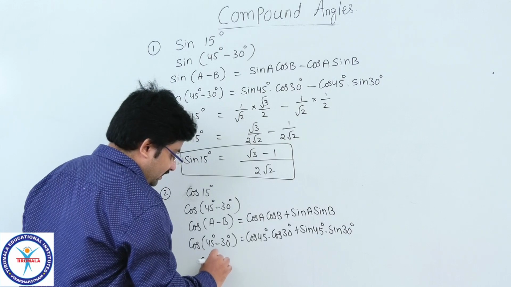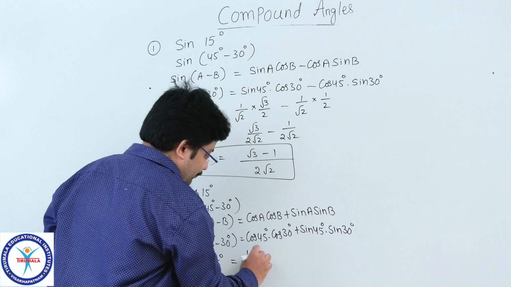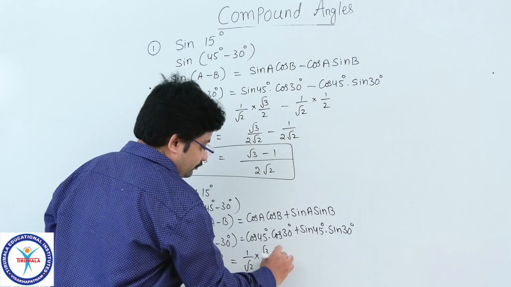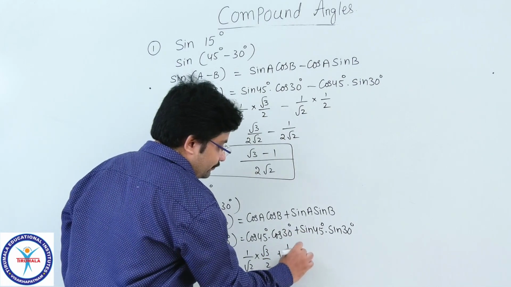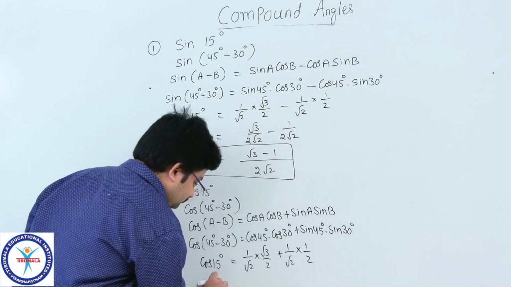Therefore, cos 15 degrees is equal to cos 45 value 1 by root 2, cos 30 value root 3 by 2, plus sin 45 value 1 by root 2 into sin 30 value 1 by 2.